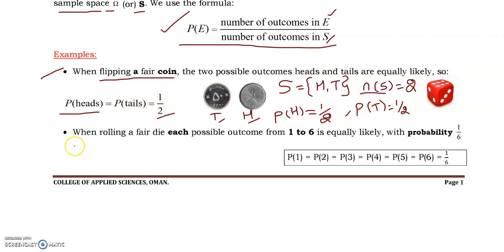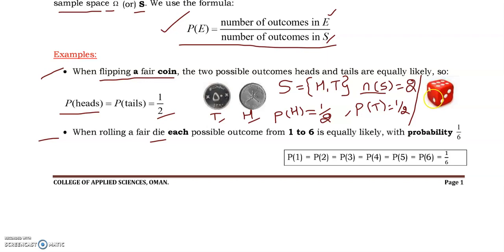Now we will see the second example. When rolling a fair die, each possible outcome from 1 to 6 is equally likely with probability 1 over 6. I think you know what a die is. It is a cube having 6 faces marked with 1 dot, 2 dots, and so on up to 6 dots.